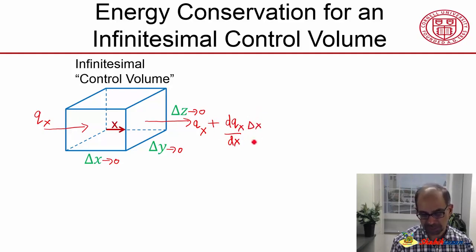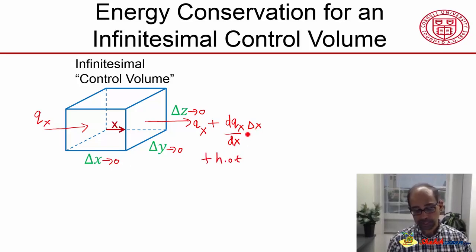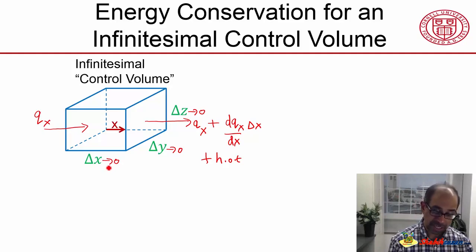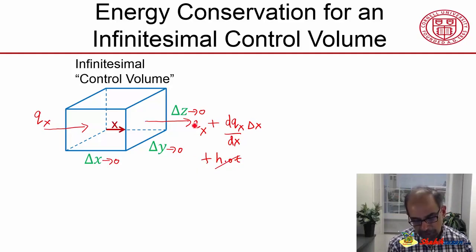So that's a small difference. And you're going to get higher order terms that are proportional to delta x squared, delta x cubed, and so on. But in the limit as delta x tends to 0, I can ignore those. That's why this is important, because I can ignore the higher order terms. So the heat flowing out is slightly different from the heat coming in.